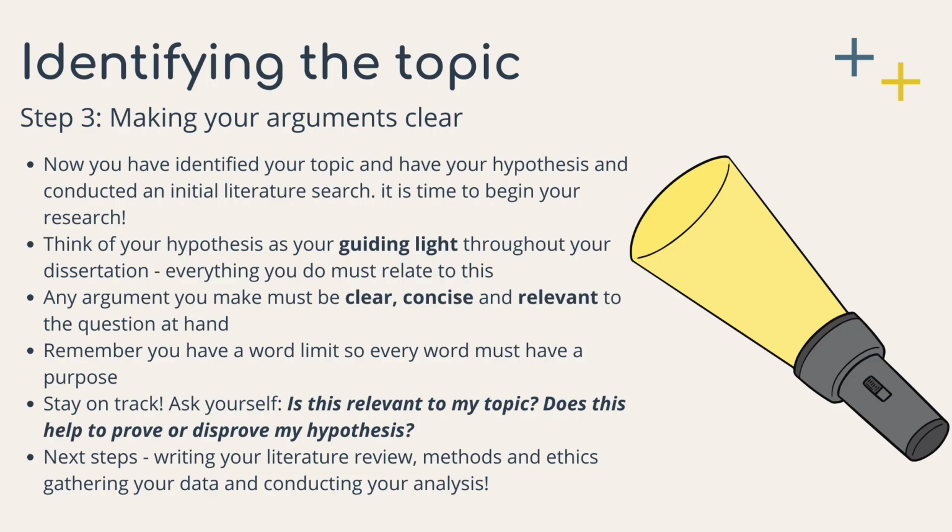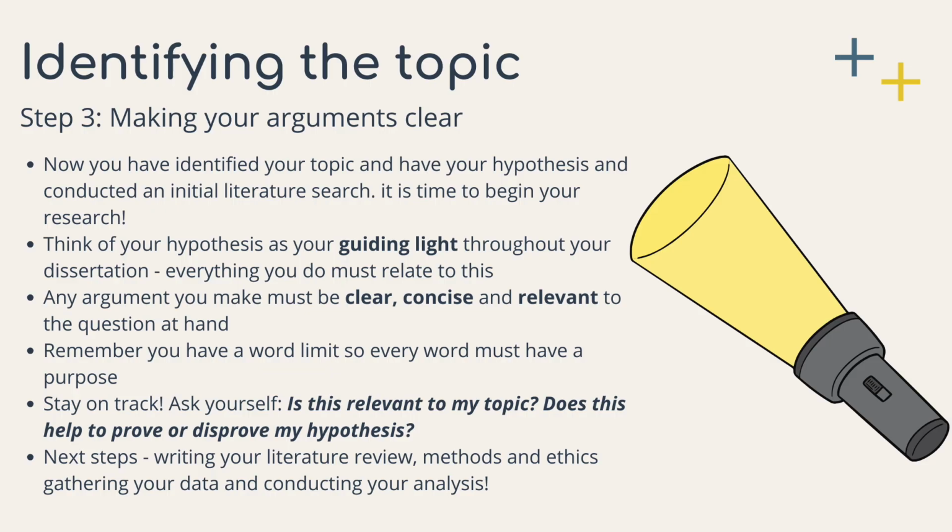This is particularly important with a smaller word count, such as 5,000 words for your Advanced Higher dissertation. You want to be especially selective with what you include to ensure that the information isn't unnecessarily distracting from the key argument presented throughout your dissertation.